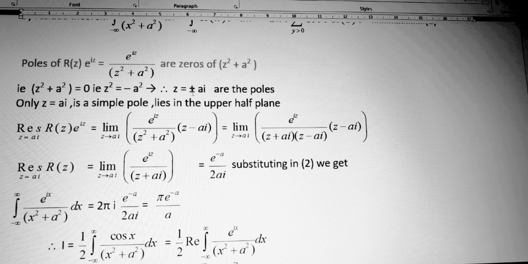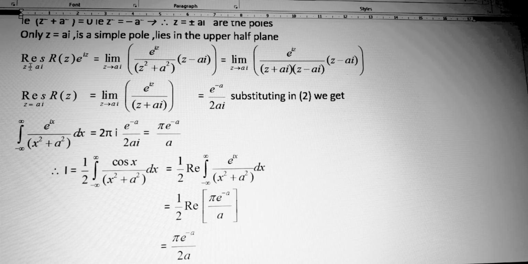Therefore, z equal to plus or minus ai are the poles. Only z equal to ai, which is a simple pole, lies in the upper half plane. Minus ai lies in the lower half plane. Therefore, we only consider the pole at z equal to ai, which is in the upper half plane.